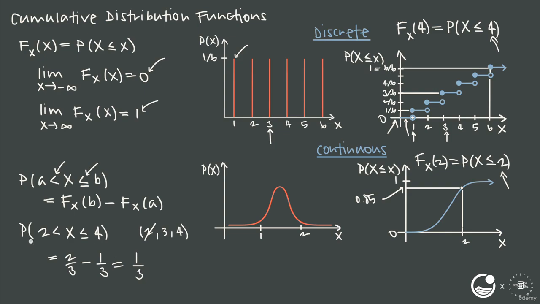So this tells us that the probability that we get a value between 2 and 4, not including 2, but including 4, is 1/3. And of course, that makes sense because we said here that this expression showing this interval implies getting either a 3 or a 4. Those are the only two values that fall within this interval.